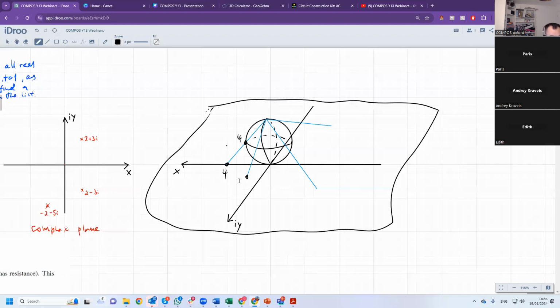If this point is 2 plus 2i, this point on the sphere where it crosses corresponds to 2 plus 2i. This point, I don't know, this is -5 plus 2i. And this point on the sphere corresponds to -5 plus 2i, etc.